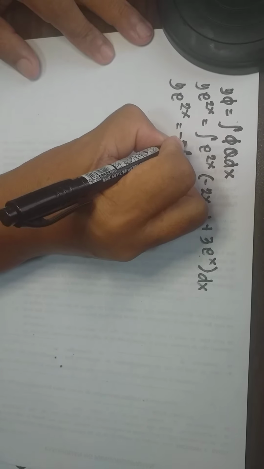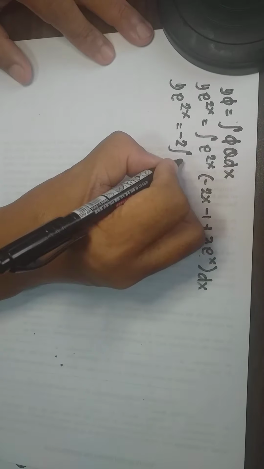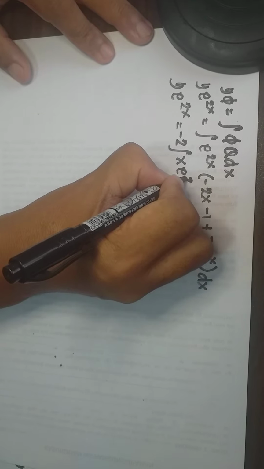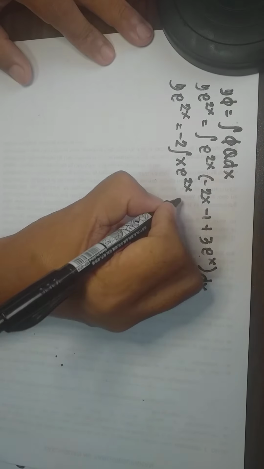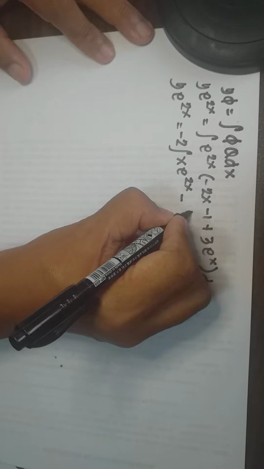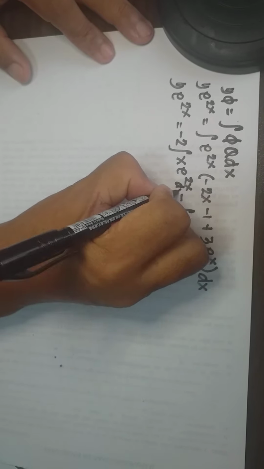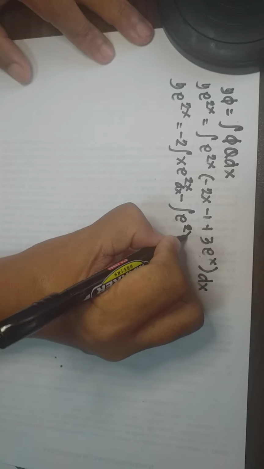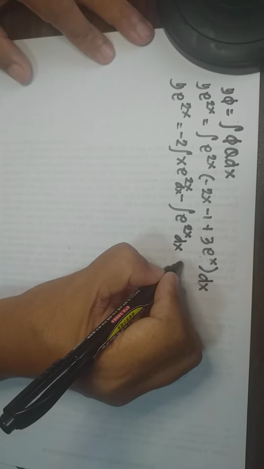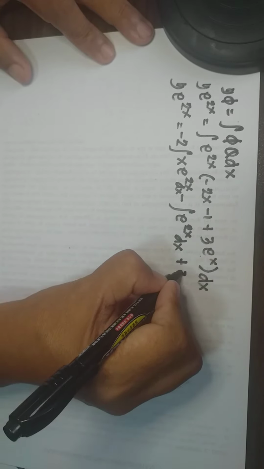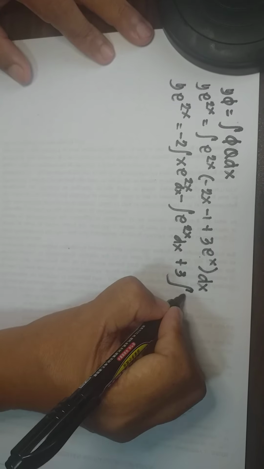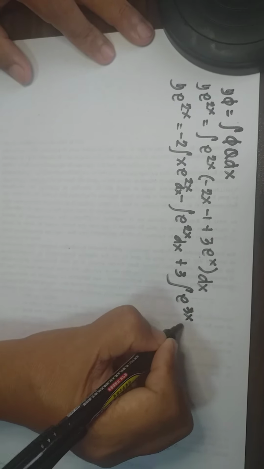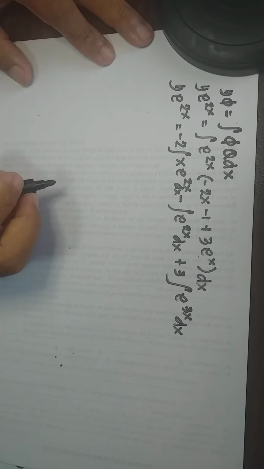Ilabas na natin yung negative 2 ha. Negative 2 x e to the 2x minus the integral dx. The integral of e to the 2x dx plus 3 the integral of e to the 3x dx.